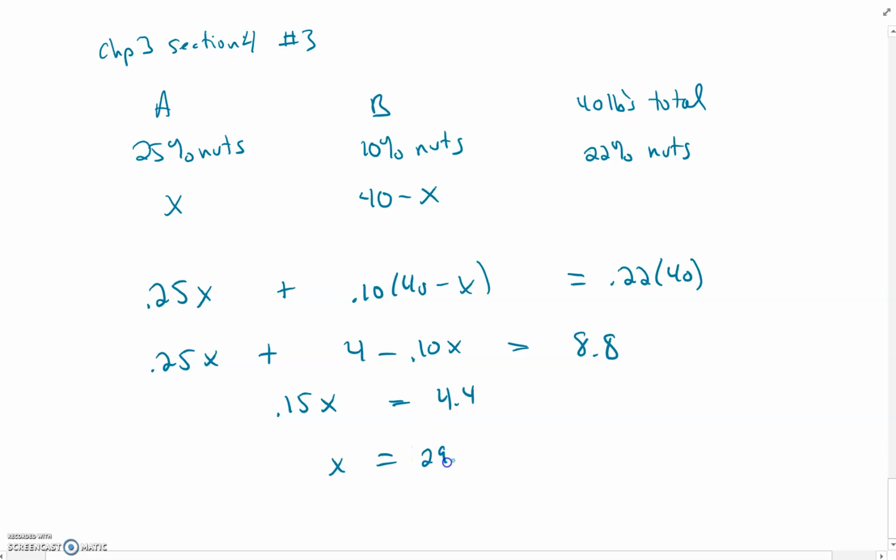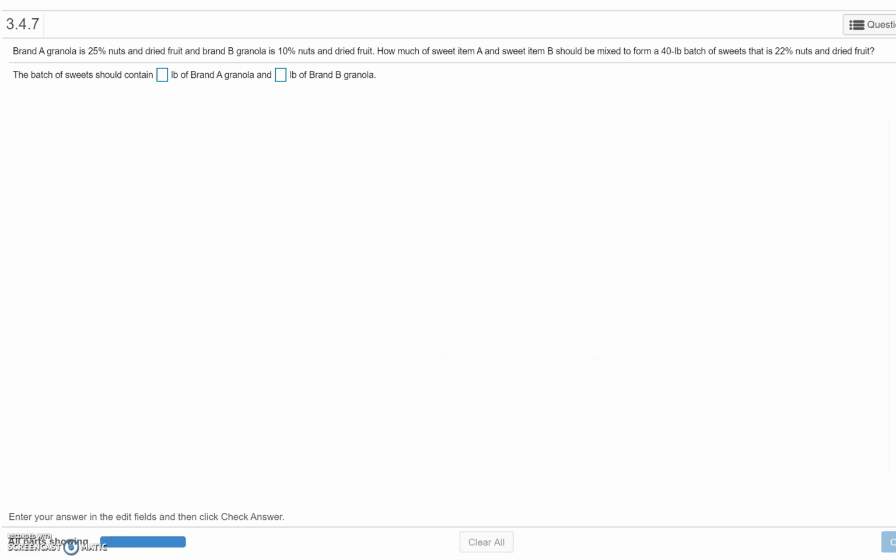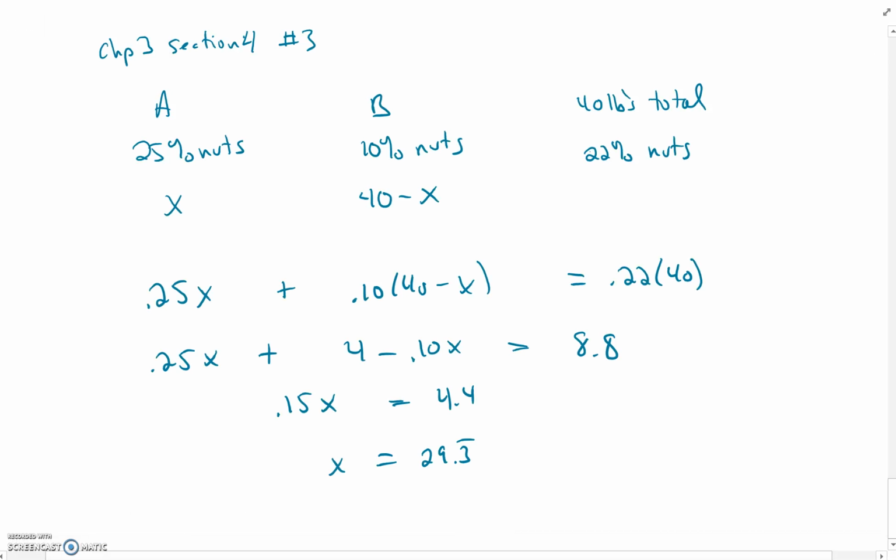It says 29.3 repeating. So let's see how we're going to enter that in there. It doesn't say how to round it, so I'm not sure what to put in there. So try that.